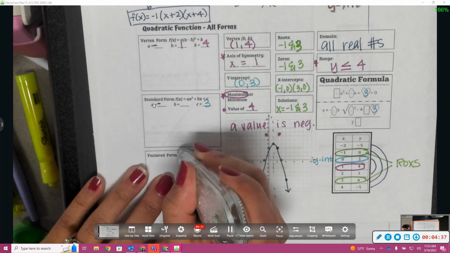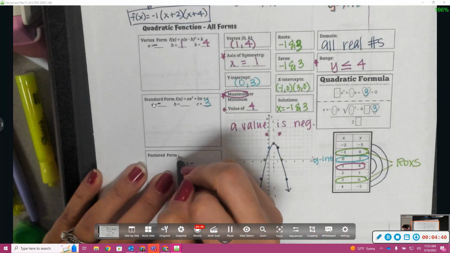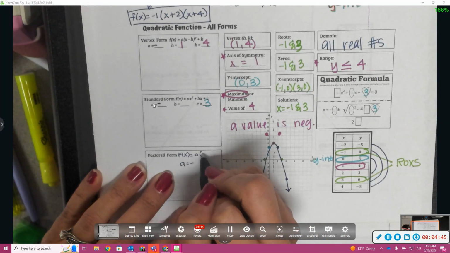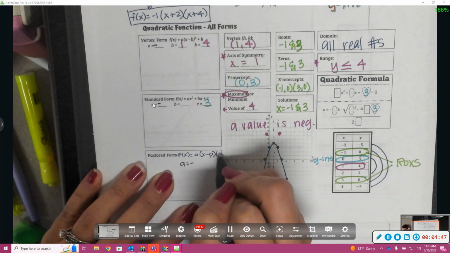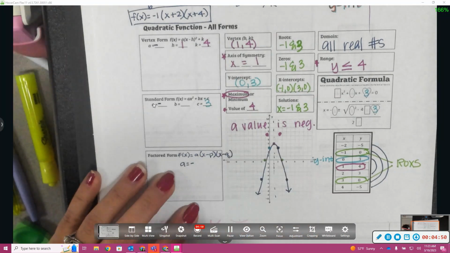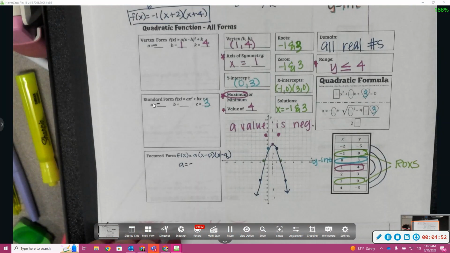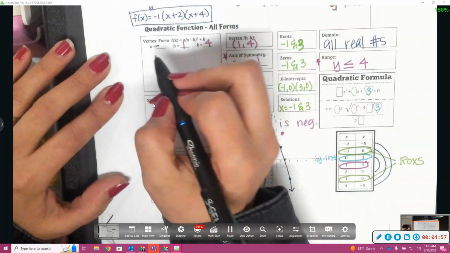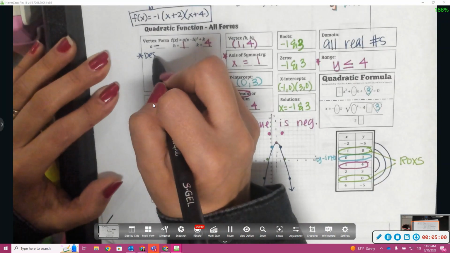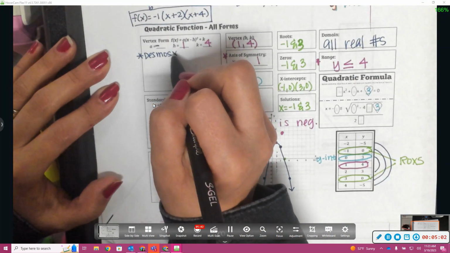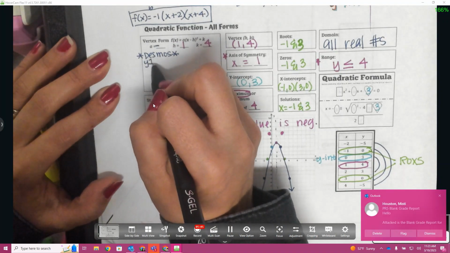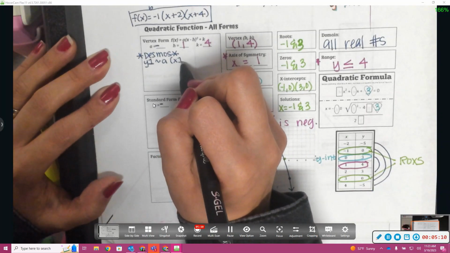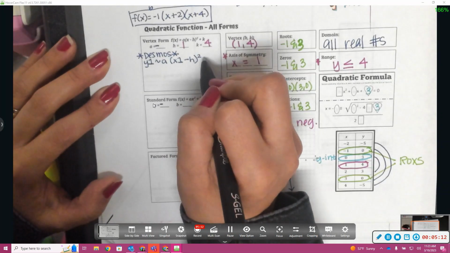I'm going to, again, rewrite this form. Vertex form. If I want to put that into Desmos, it would be y1 squiggle a(x1 minus h) squared plus k.